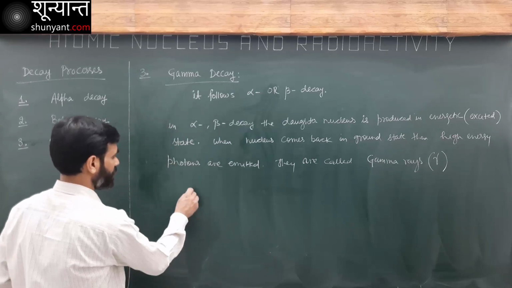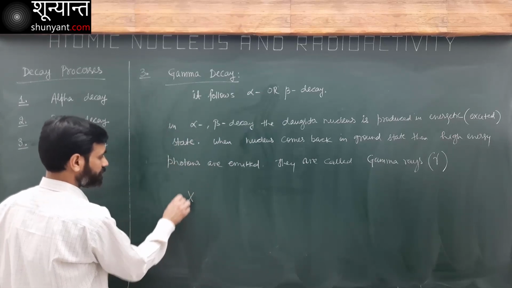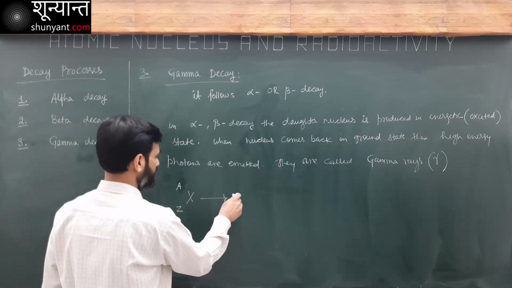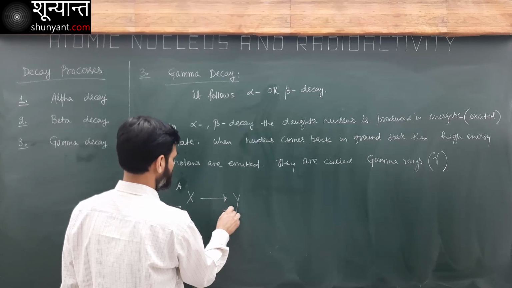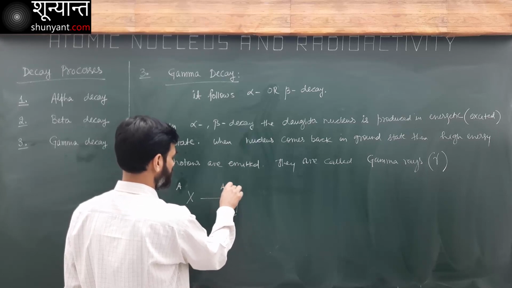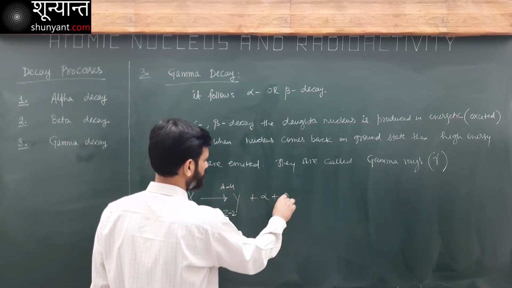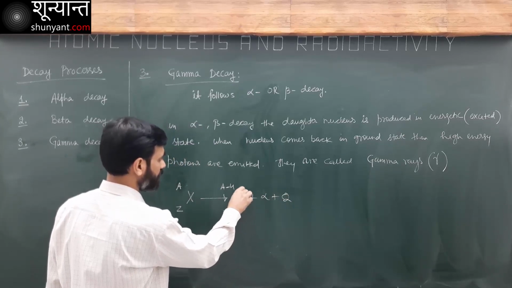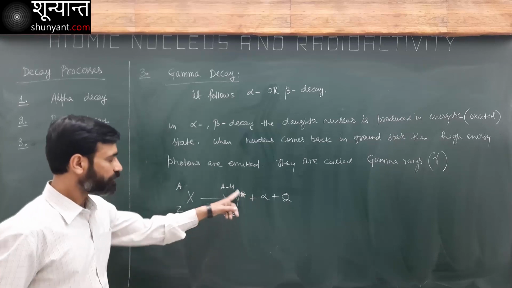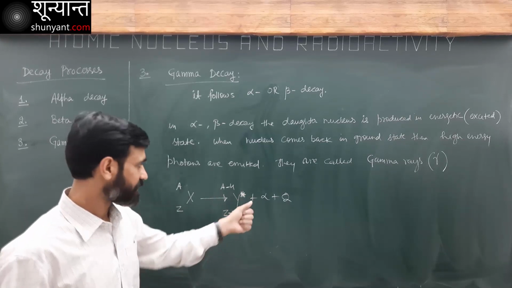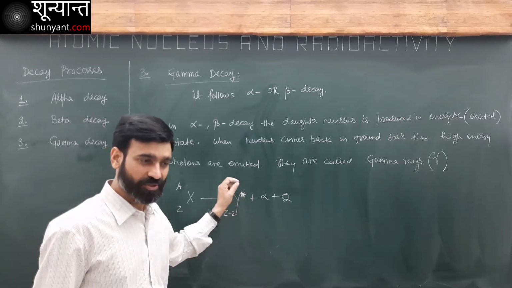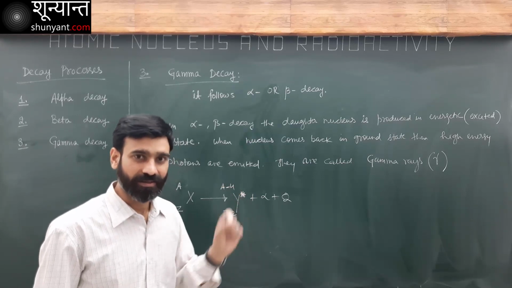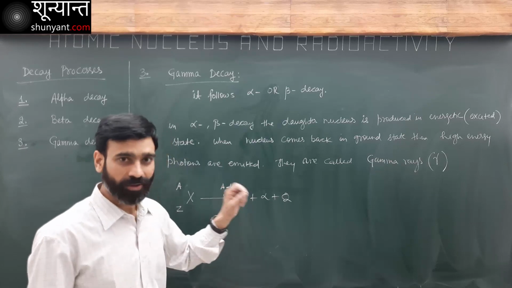So it's like this. I have this nucleus. It is going to decay through alpha decay. Let's say this is Y, with Z minus 2 and A minus 4, plus alpha plus Q. Now this is created in an excited state, so we use this symbol. Note this down: this star represents that this nucleus is in an excited state. This is known as a daughter nucleus.